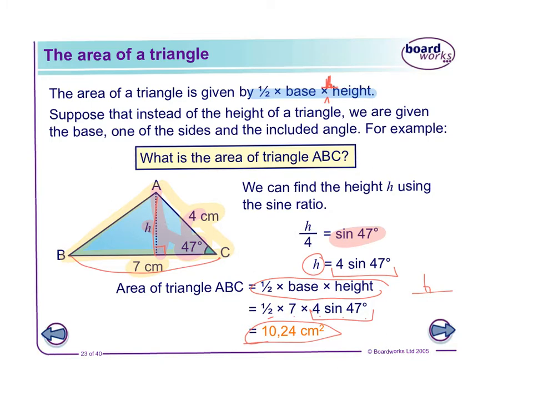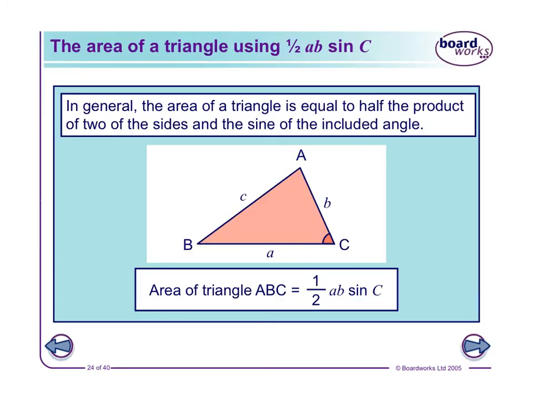So this forms the area rule. The area of a triangle is half of the product of two of the sides and the sine of their included angle. So if you want the area of this triangle that's been given here, you don't need to drop a perpendicular. You don't need to do all that. That was just showing you how it came about. You can just take any of the angles you've been given.